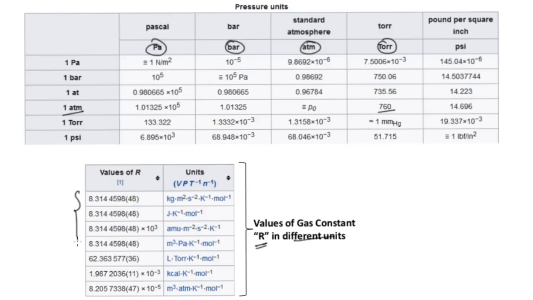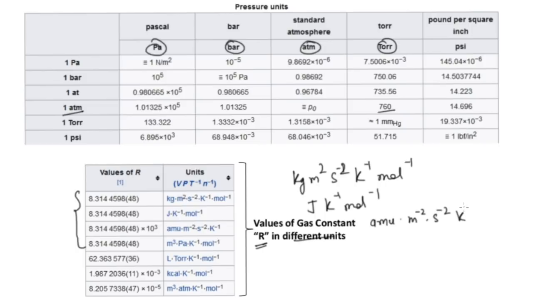The value of R is 8.314 in these particular units: kg meter square per second square per Kelvin per mole, or joules per Kelvin per mole, or AMU per meter square per second square per Kelvin, and also meter cube Pascal per Kelvin per mole. In all these units, the value of R is 8.314, right?